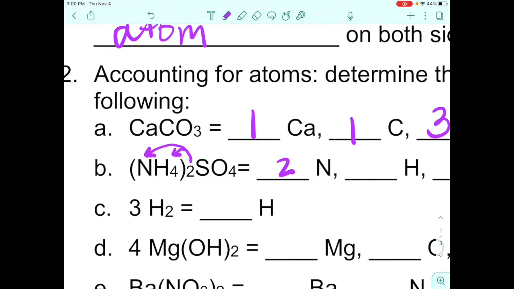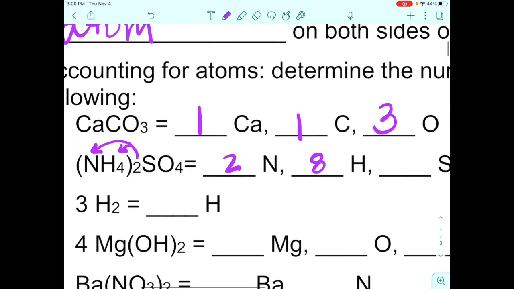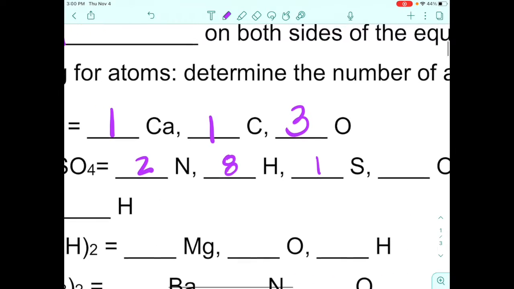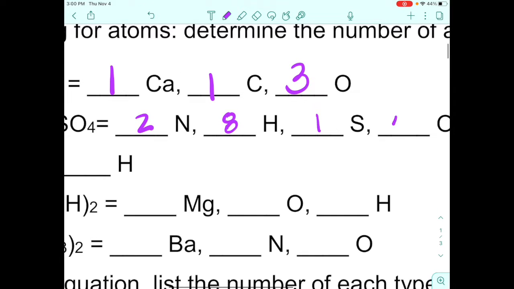With the hydrogen, there's a 4 here, but you also have the 2, so you want to multiply. So 2 times 4, there's going to be 8 hydrogen. For the S, there are no subscripts and no parentheses, so there's just 1 of the sulfurs. And then for the oxygen, there are 4 oxygens.